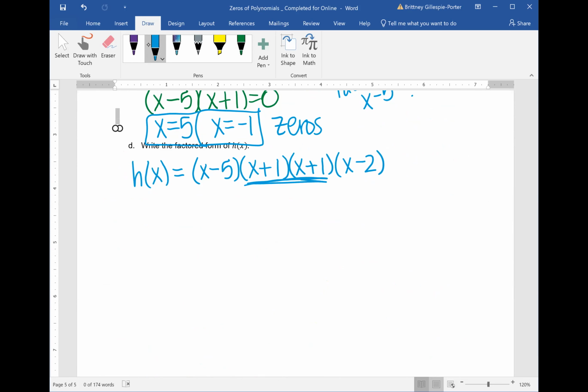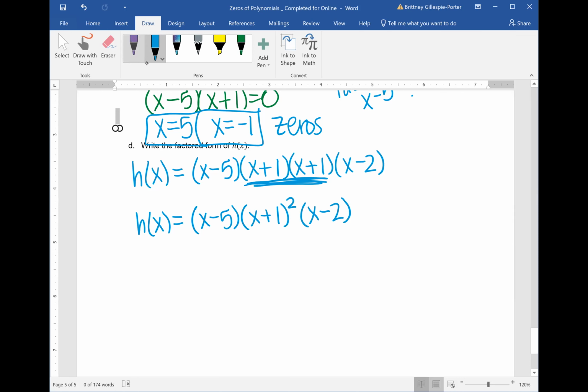But whenever we have 2 or 3 or 4 of something, you know how mathematicians are lazy. We don't want to rewrite this multiple times. So instead of writing x plus 1 twice, we say x plus 1 squared. If it was written 3 times, we would have a cube. If it was 4 times, we would have a 4th degree.